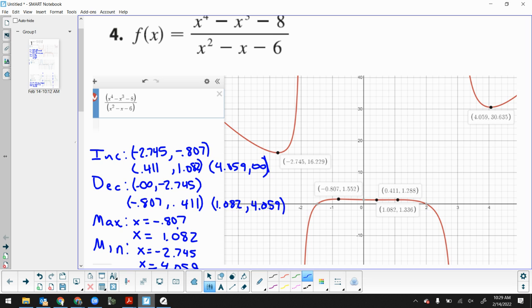Concave up with no inflection point, concave down with an inflection point, a little bit of concave up with an inflection point, concave down, no inflection point, concave up. Why? Because we see asymptote, asymptote. So that's why it's shifting from concave up to concave down with no inflection point. That was a difficult one.